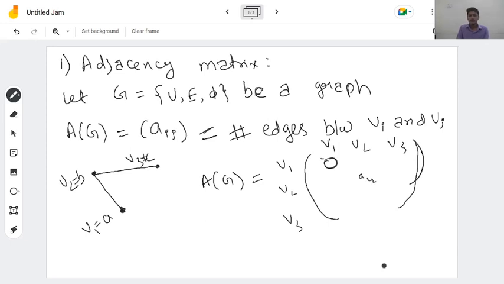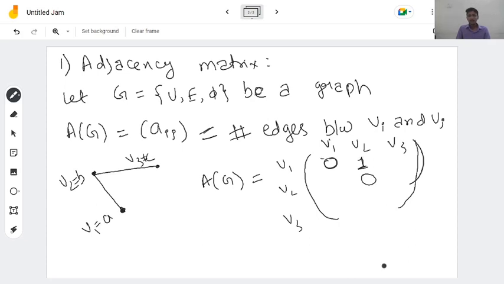That means the number of edges between V2 and V2, right? So how many edges are there? There are 0 edges. Now this entry is A12, first row, second column, right? That means the number of edges between V1 and V2. There is only one edge, right? So this entry will be 1.